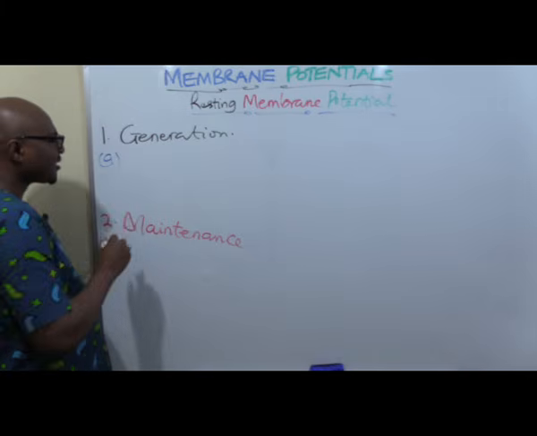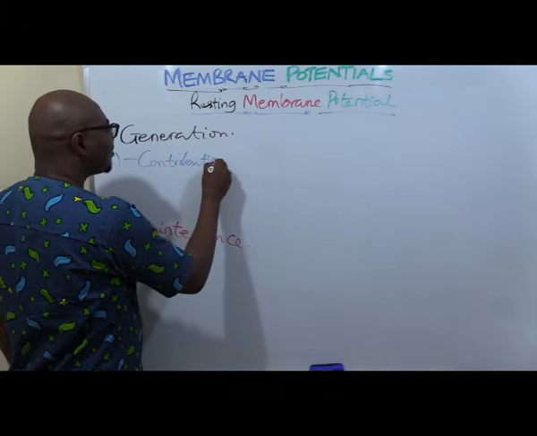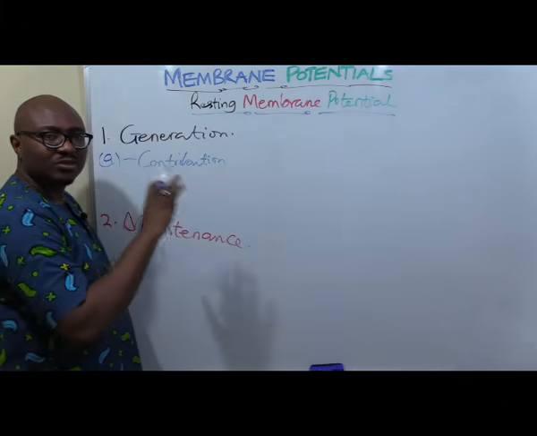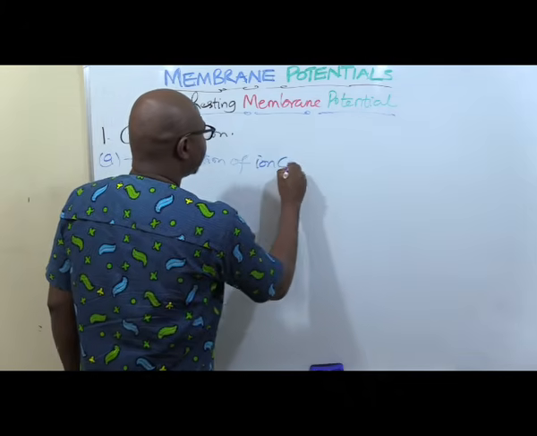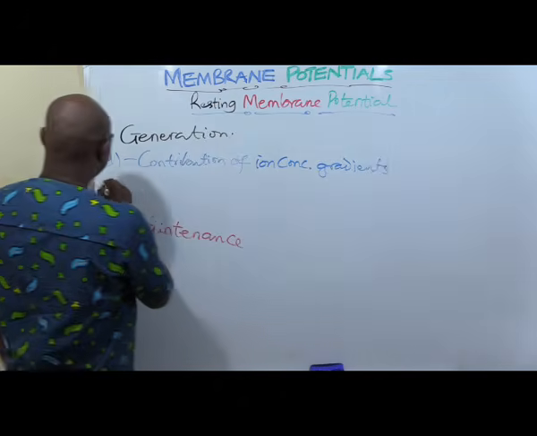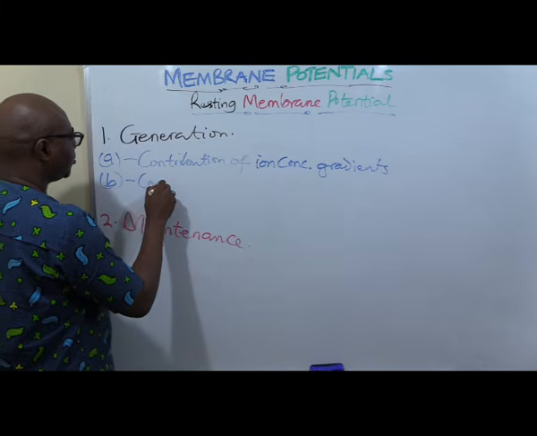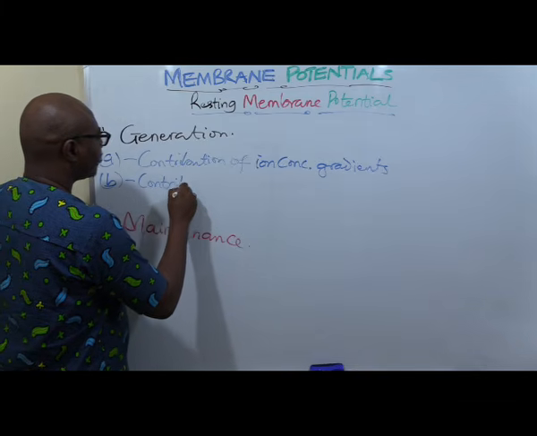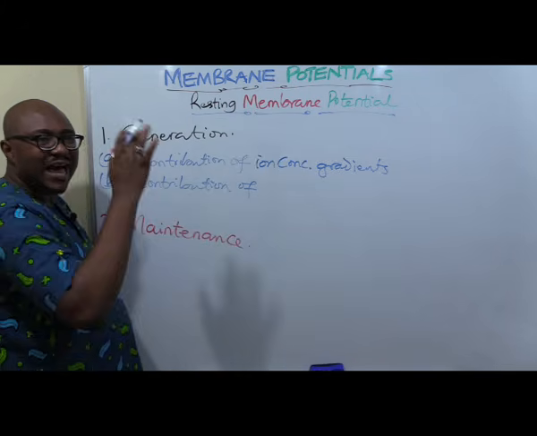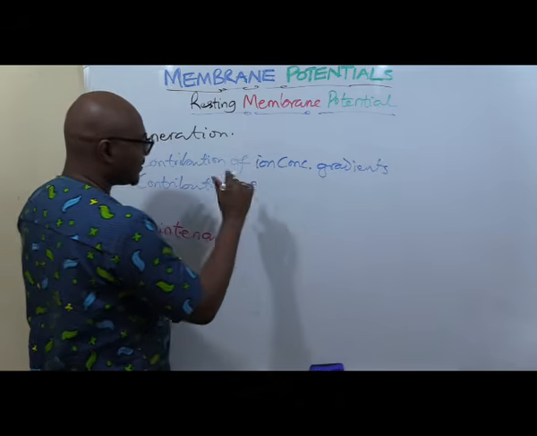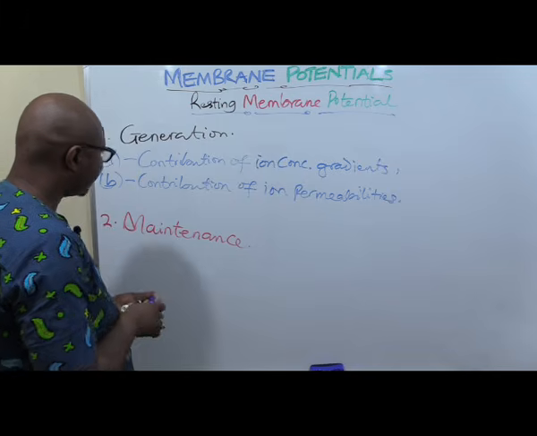A, you have the contribution of ion concentration gradients. I will explain all of that to you. Then B, the contribution of ion permeabilities. All right, talk about the maintainer.